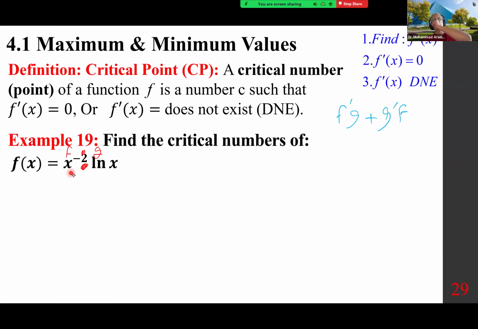So x to the power minus 2 gives negative 2, x to the power of negative 3 times g, which is ln x, plus g prime, which is 1 over x, times f, which is x to the power of minus 2.